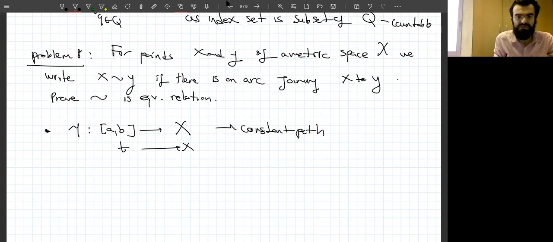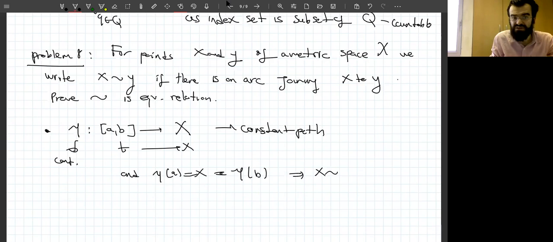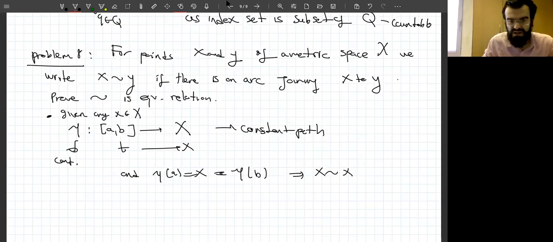So clearly this is continuous, and gamma(a) is x equals gamma(b), which implies x is related to x. Given any x in X, a fixed constant path, so it is reflexive.